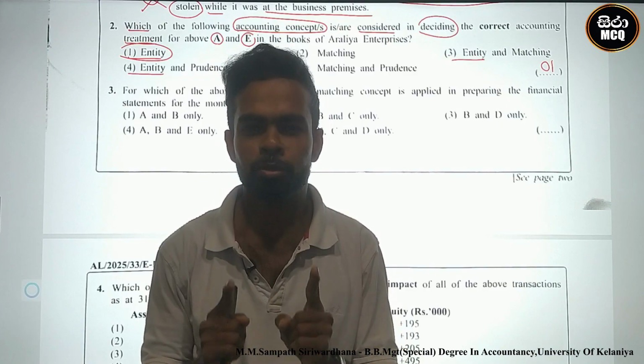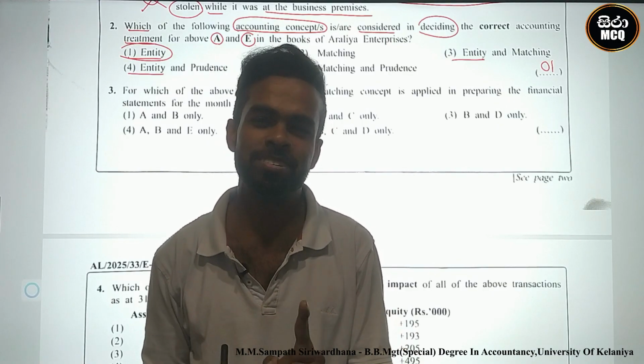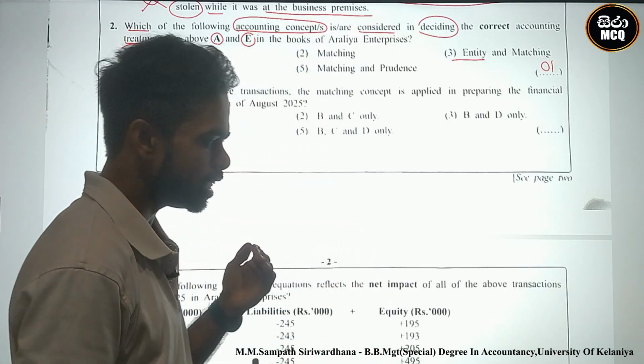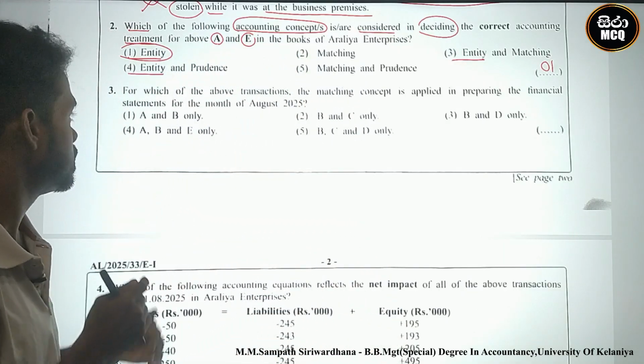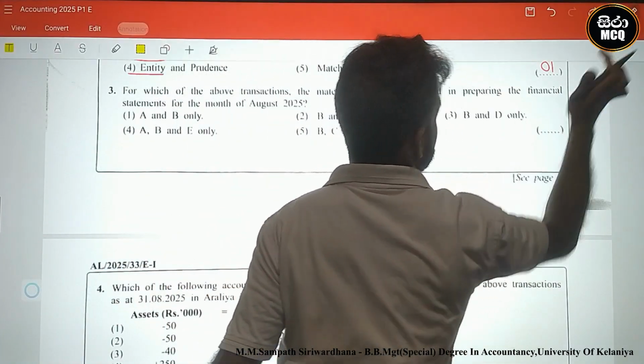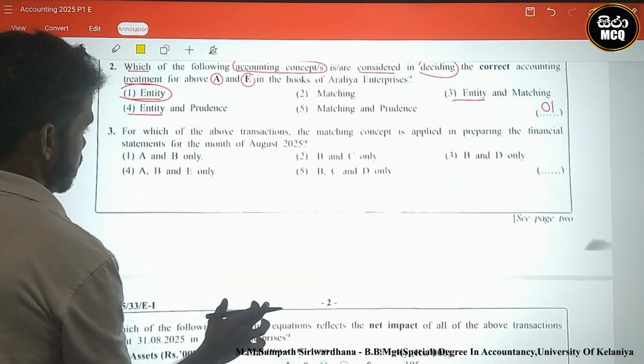Today we discuss 2025 Advanced Level A-Level Accounting paper question number 3. Question 3 is related to the above information. Look here, what is the requirement of question number 3?